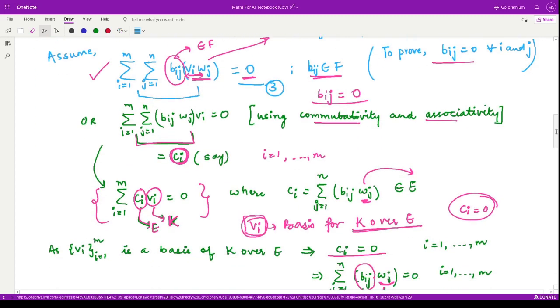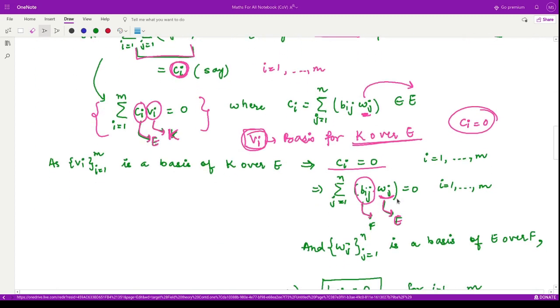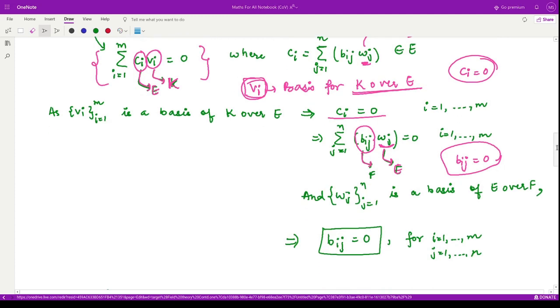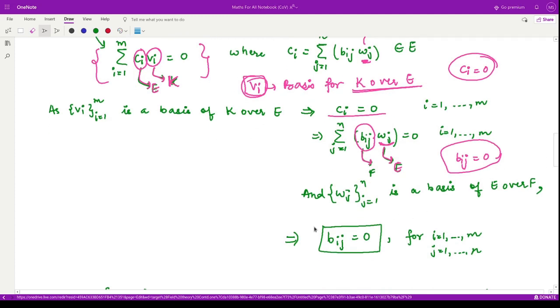So we have w_j's in E, b_ij's in F, and the linear combination is equal to 0. Because w_j form the basis for E, each of these constants b_ij is equal to 0. So we got b_ij equal to 0.